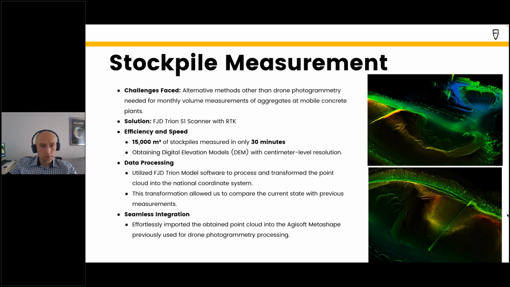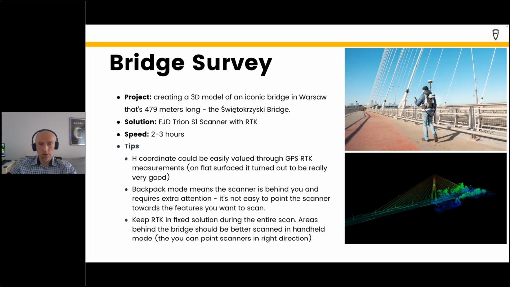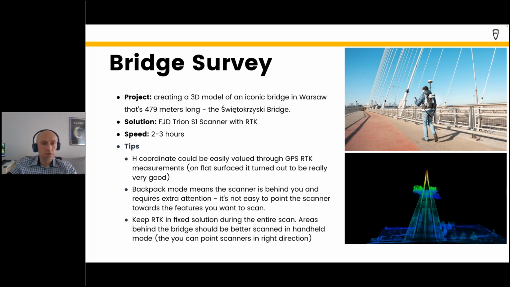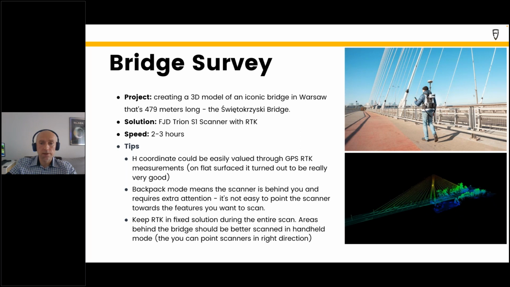We can move to the next one. Here's the bridge. This is a nice example of using the Trion S1 scanner for topographic measurements as a replacement for a total station and GNSS rovers.